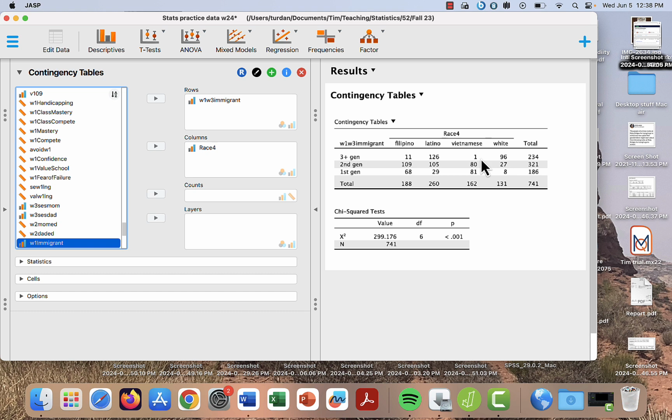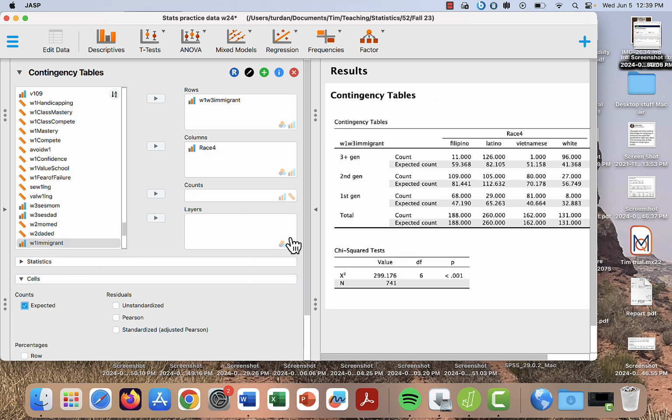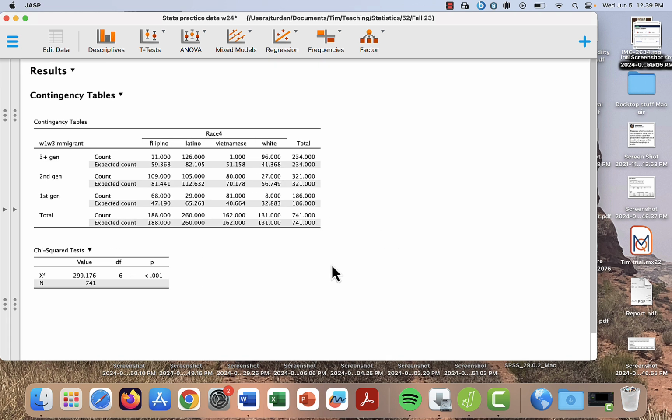So either the kids themselves moved here from Vietnam after being born in Vietnam, or one of their parents was born in Vietnam and then moved here. So there's not that many Vietnamese families in this data set anyway, whose families have been here for 3 generations or more. So if I go here to cells, I click expected, and then I can interpret my output.